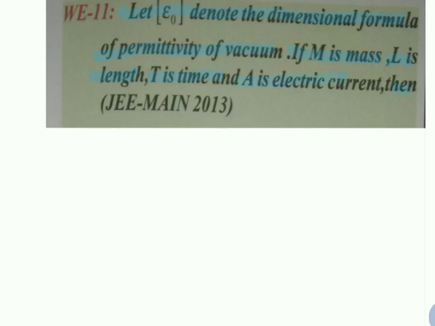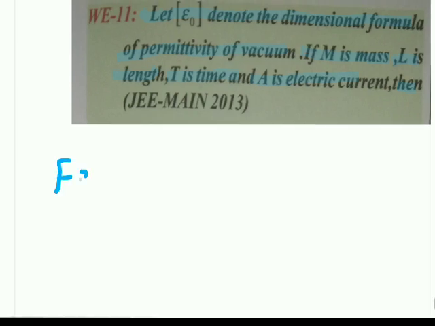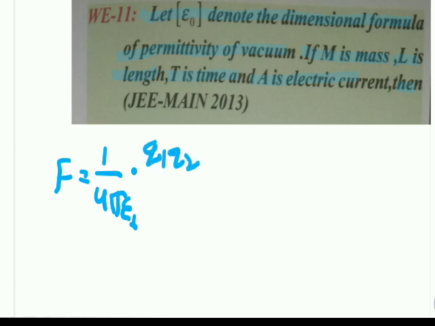Then asking in terms of electric current. From Coulomb's law, F is equal to 1 by 4 pi epsilon naught into Q1 Q2 by R square.